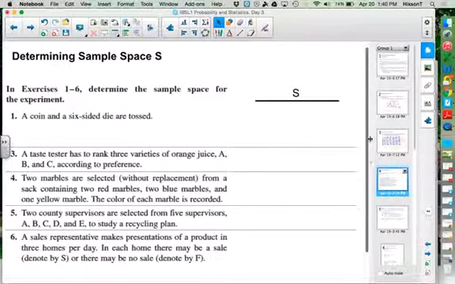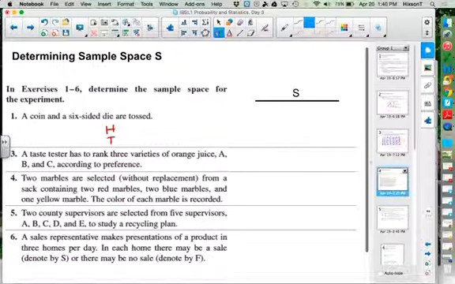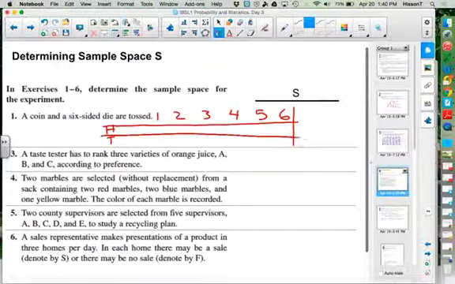If we have a coin and a 6-sided die, this is one where the table would be helpful for us, okay? So we have a coin, which means we get either heads or tails, and then we get a die, so we have 1, 2, 3, 4, 5, or 6 for ourselves. So a head and a 1 or a head and a 2.